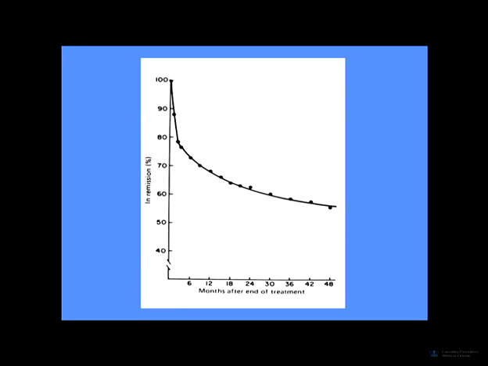And when you follow the curve out to 48 months, 4 years, you find that at most 50% of patients will have a durable remission, which means that the other 50% of patients have relapsed. They go back on a thiourea, or more commonly, they'll opt for definitive therapy with radioactive iodine.